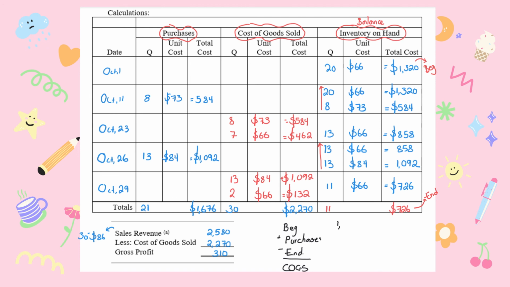Beginning 1,320. Purchases 1,676 less 726 ending. Now let's solve for x. Okay, you should get the same as your cost of goods sold here. Yes, it's correct, 2,270.